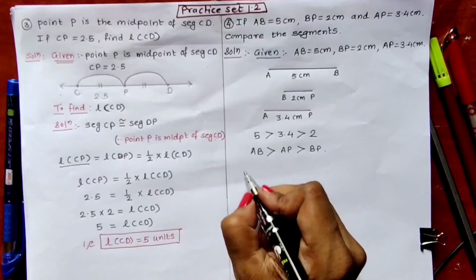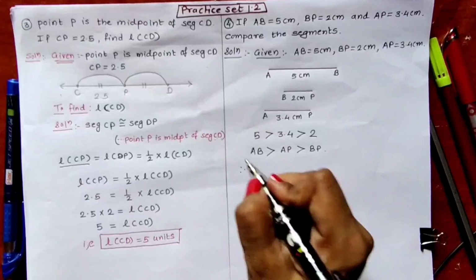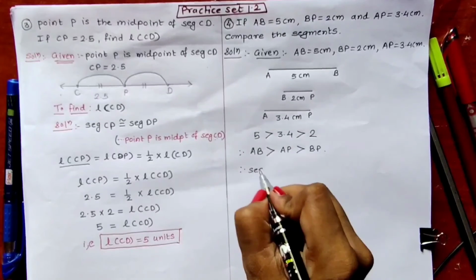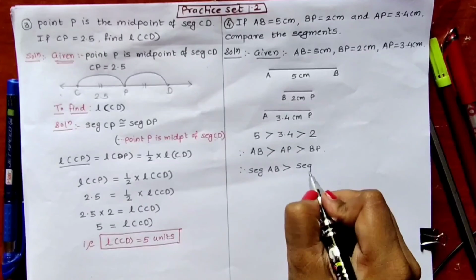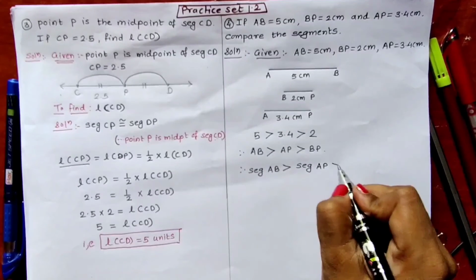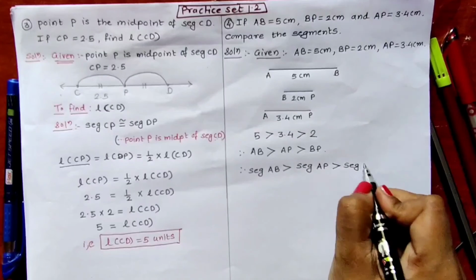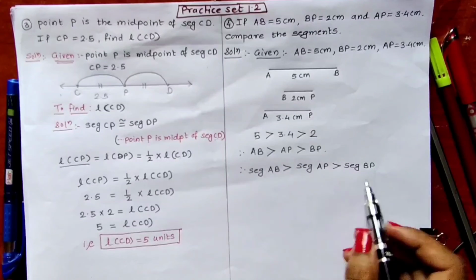Okay. So again we can write the same thing. Therefore, seg AB is greater than seg AP, which is greater than seg BP. In this way we can compare the segments.